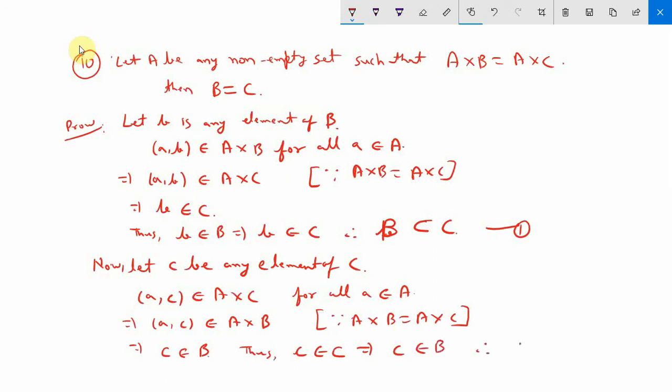Therefore set C is a subset of B. So from 1 and 2 we get set B must be equal to set C if A × B equal to A × C.